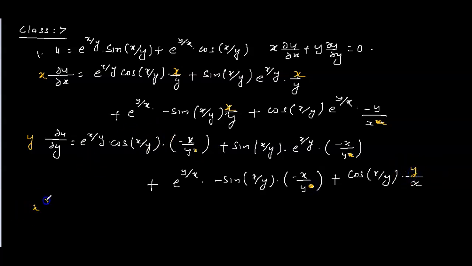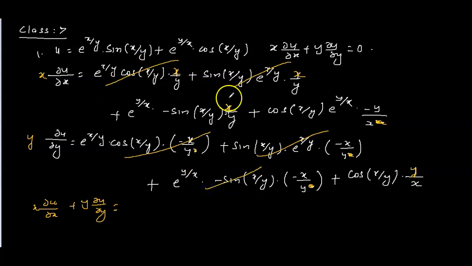Now if you add x into del u by del x plus y into del u by del y, we get it here, and then cancel here: minus x by y, this part cancels, sine of x by y.